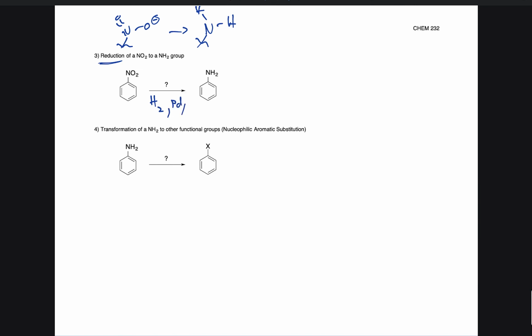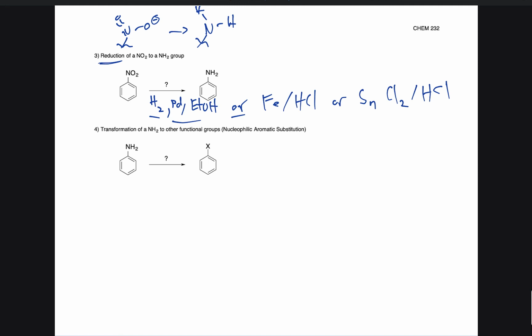H2, palladium, and then some sort of solvent, okay? Or we can also use iron and HCl, or we can use tin, Sn, and HCl. All of these work, but for the most part, we're probably going to stick to H2 and palladium, right? We've seen this a lot, so this will probably be the first thing that comes to our mind, right? So we can do this reduction not only with carbonyls, but we can also do them with NO2 groups.